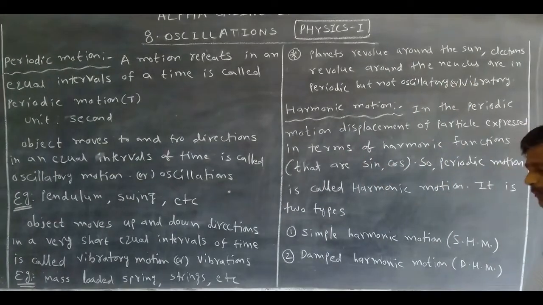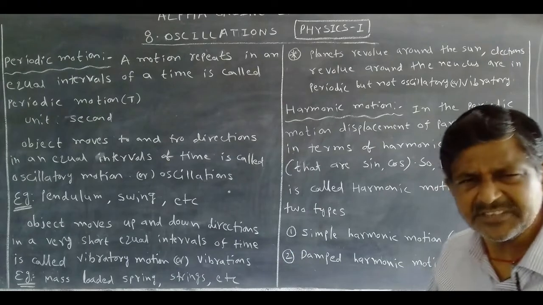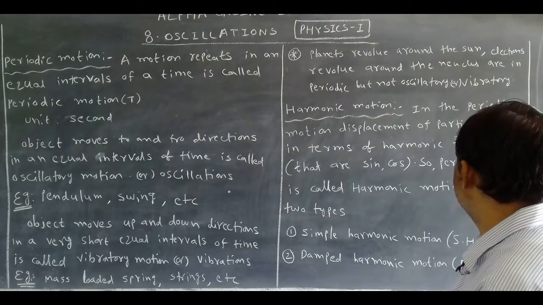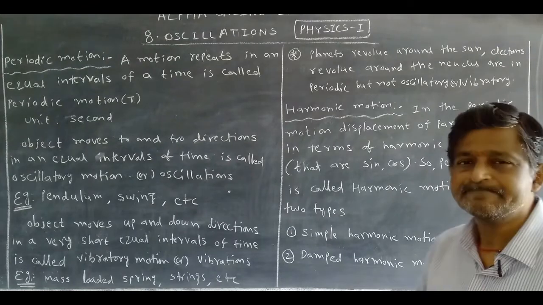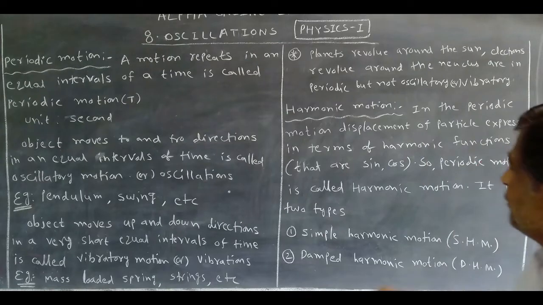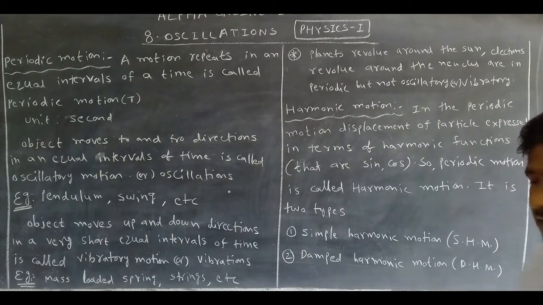Planets revolve around the sun, our planet earth revolves around the sun, and it repeats. Electrons revolve around the nucleus. This is one of the important questions for 2 marks.